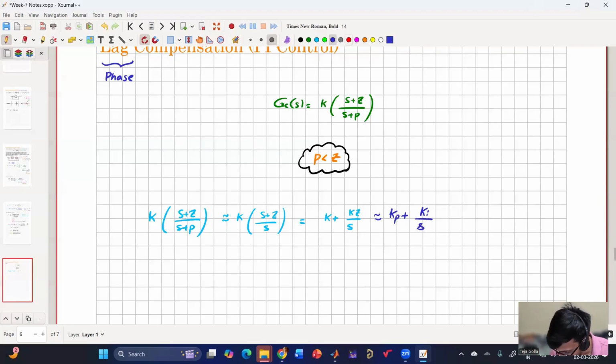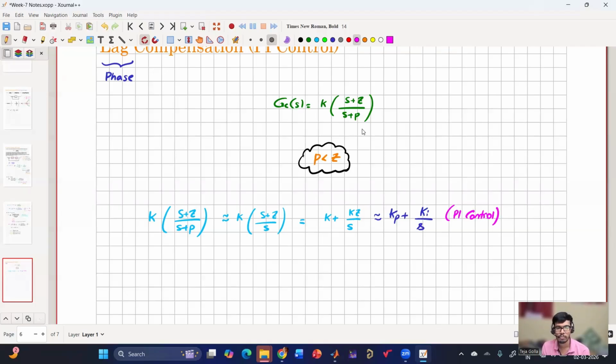So we are basically getting a PI control, but instead of a pole at 0, we have a pole on the LHP side. So if my transfer function looks like GC of S equals K into S plus Z by S plus P, we are getting something like a PI control, because if we approximate the denominator to be S, then we get a PI control.